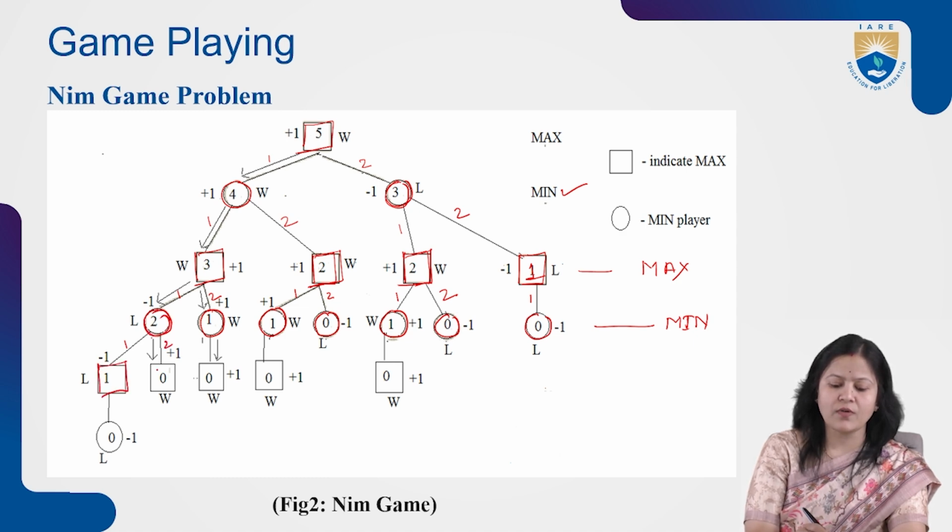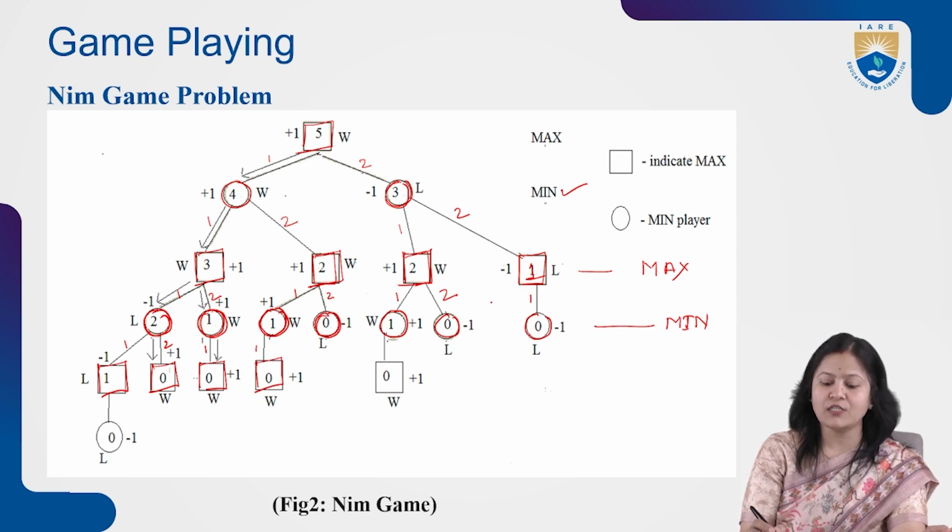If it takes 2 objects from here, remaining will be 0. Here only 1 object is remaining, so it can take only 1, so it would be 0. Here only 1 object is remaining, it can take only 1, remaining will be 0. Here already 0, no need to touch, because game is completed over here for this player. And here only 1 object is remaining, so if it takes 1, remaining will be 0. Now this layer is completed.